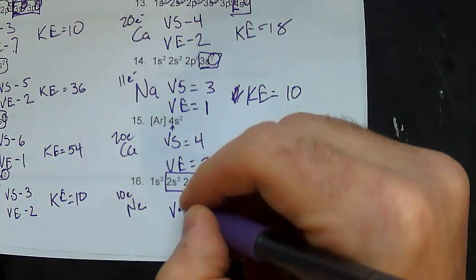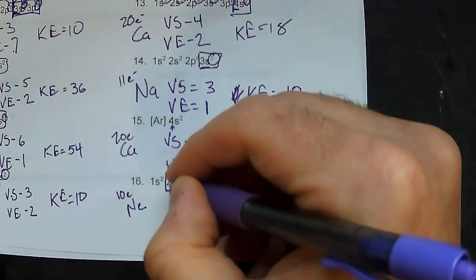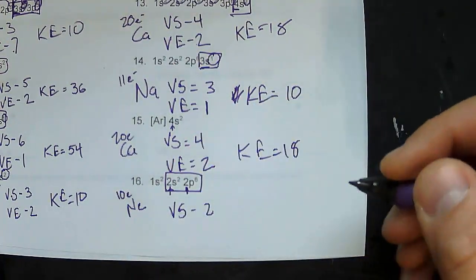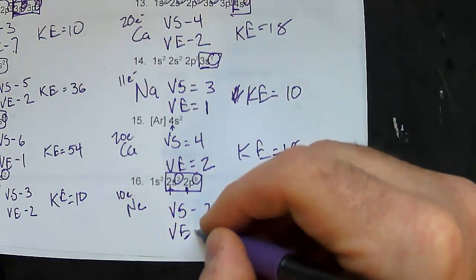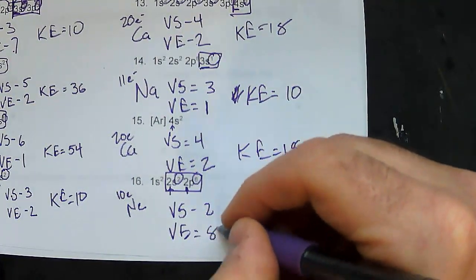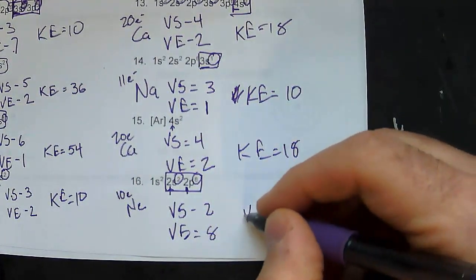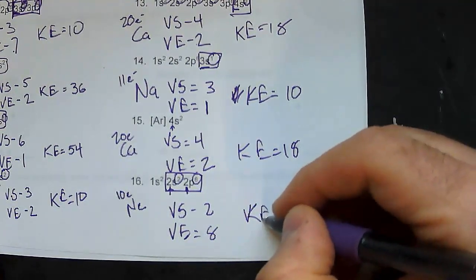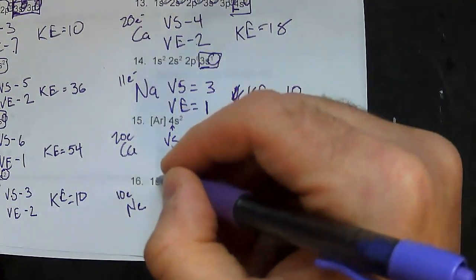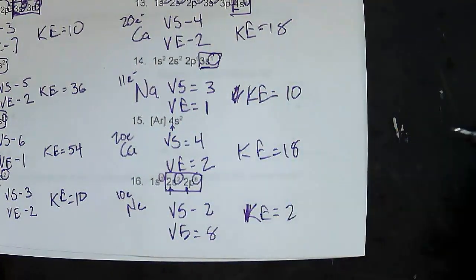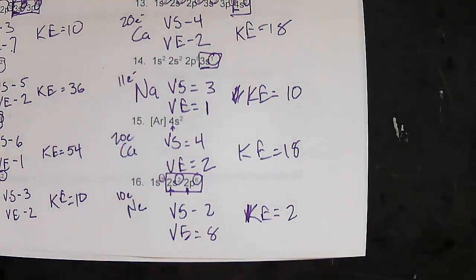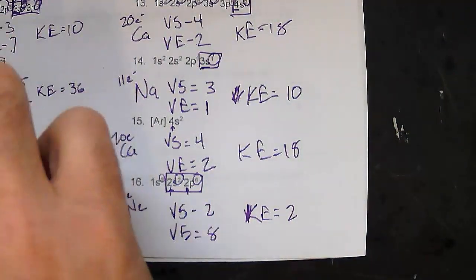So the valence shell is 2 because there's multiples with 2. The number of valence electrons is all of these. So that's going to be 8. And the kernel electrons is whatever's left. And so in this case, it just happens to be 2 electrons. Okay, so there it is. That's the electron configuration worksheet.